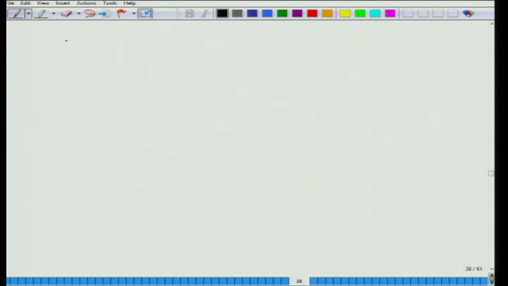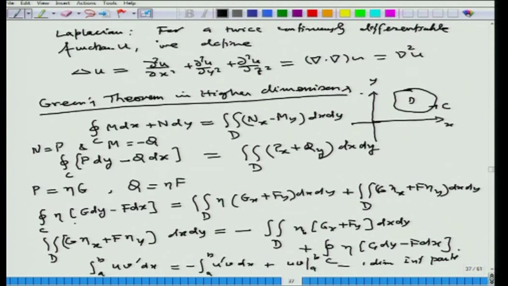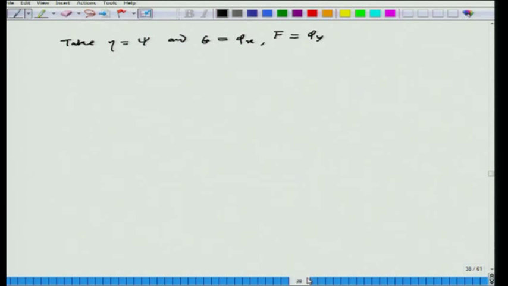If we now take eta equal to psi, g equal to phi x and f equal to phi y, we get this thing here, and these x derivatives will give you g x, that is phi x x.